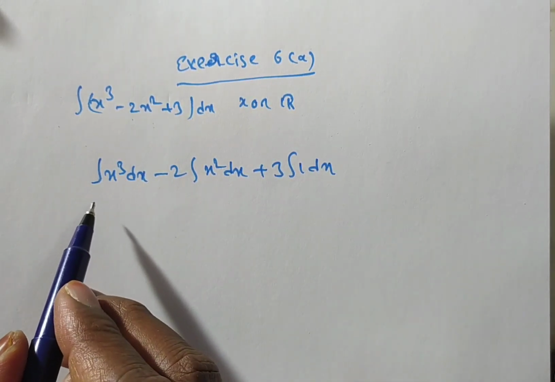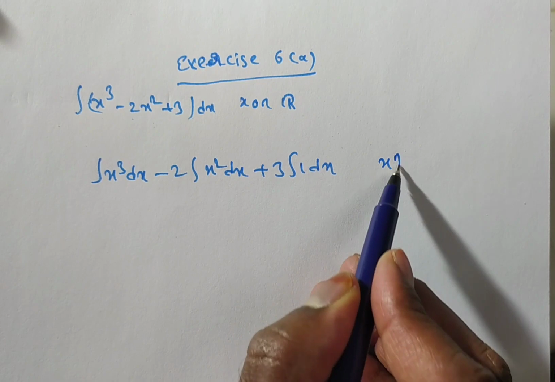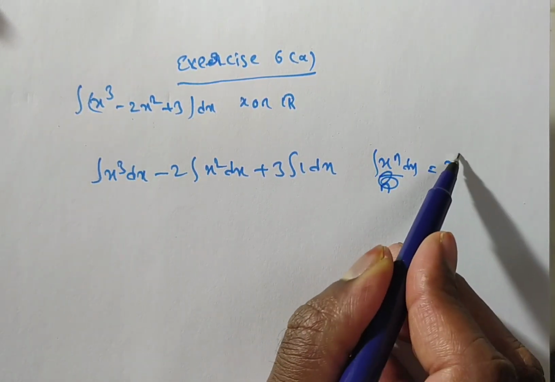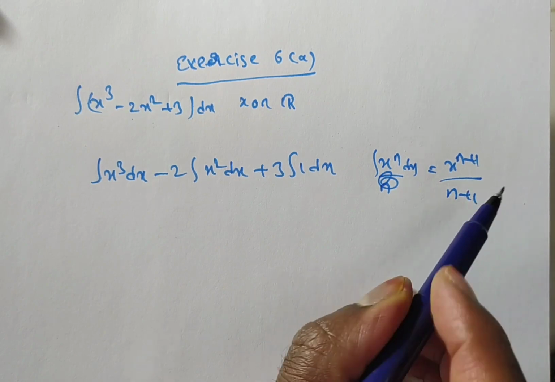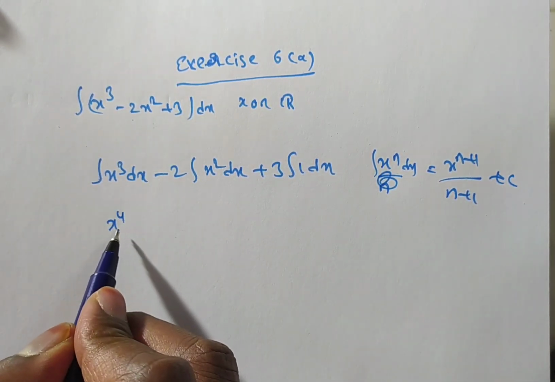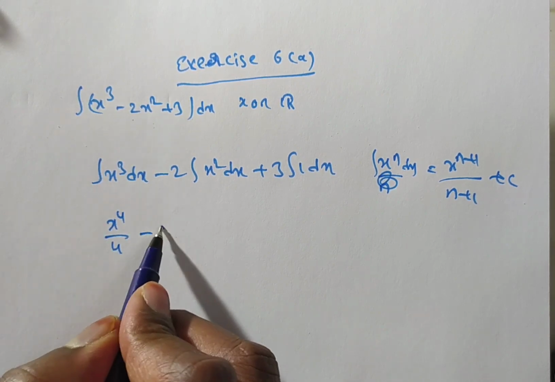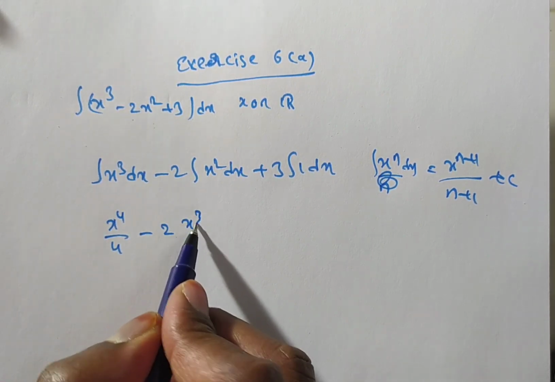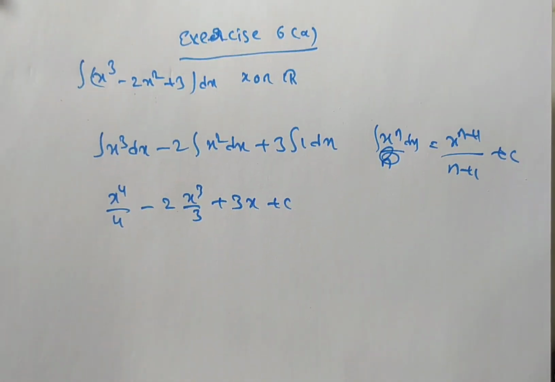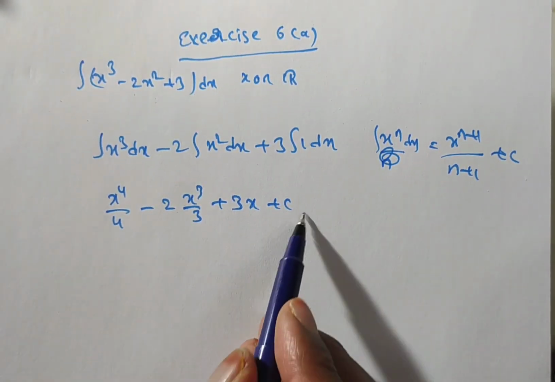What is the x to the power of 3 integration? We have standard form 1: integral of x power n dx is equal to x power n plus 1 by n plus 1 plus c. So x cube integration is x to the power of 3 plus 1, that is x power 4 by 4, minus 2 times x square integration, x cube by 3, plus 3x plus c. That's it. Here no cancellation. So this is the answer.